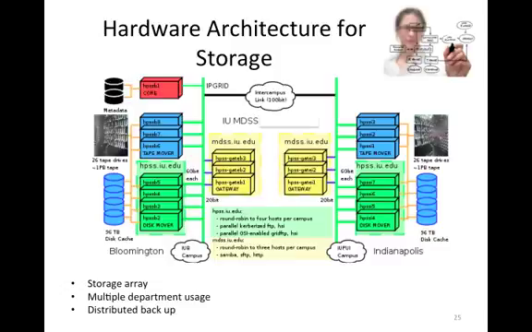This is for Indiana University. Everyone in the university can use this storage array, and it's distributed in that there are two identical versions of this hardware. You can see it's sort of divided down the center here. So one side is on the Bloomington campus and one is in the Indianapolis campus.